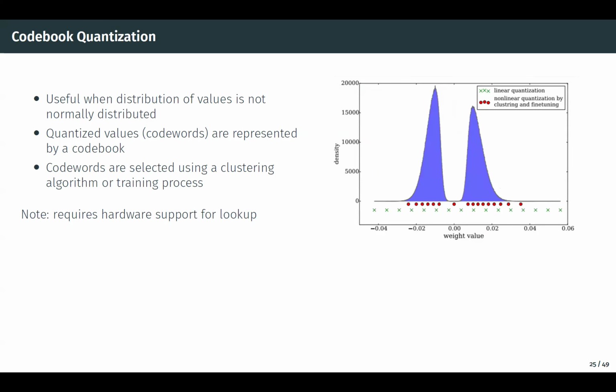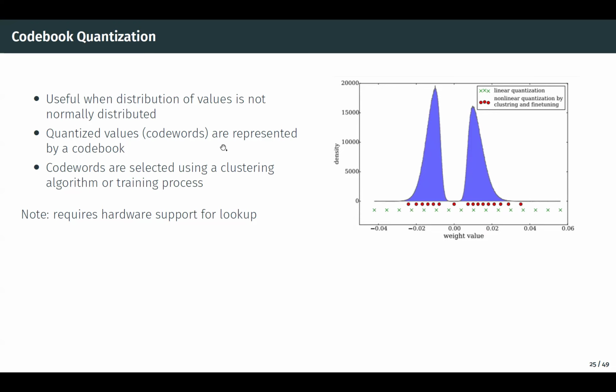Because of that, we have other techniques of quantization where we use codebook quantization. This is especially useful when the distribution of values is not normally distributed. For example, in a weight layer, we have this kind of distribution where we have some values distributed differently across various ranges.